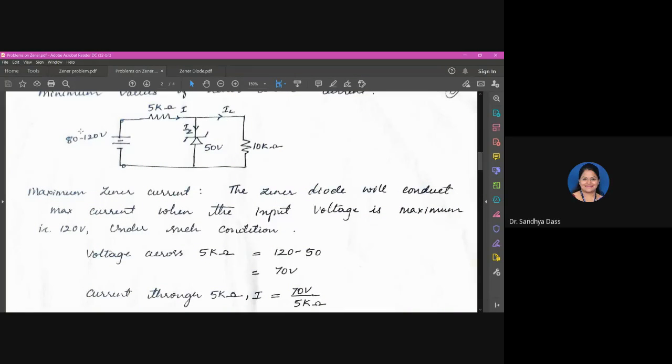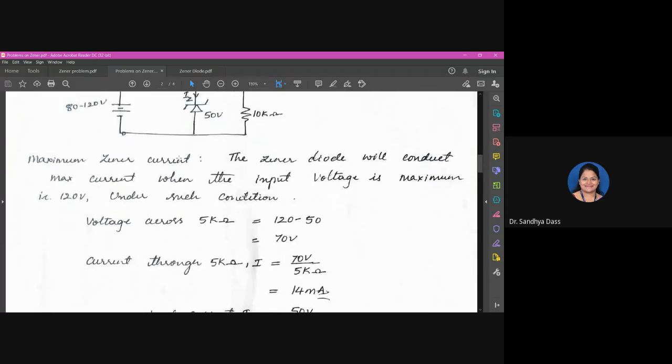Assuming VI to be 120 volts, and the voltage across the Zener diode, as given, is 50, the drop across this resistor will be 120 minus 50, which is 70. That is the drop across this resistor; you can call it VS or whatever name.